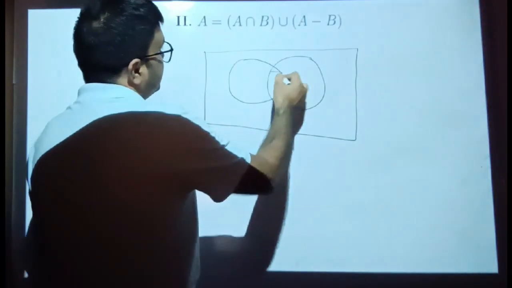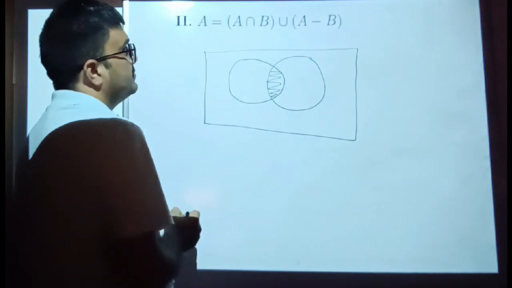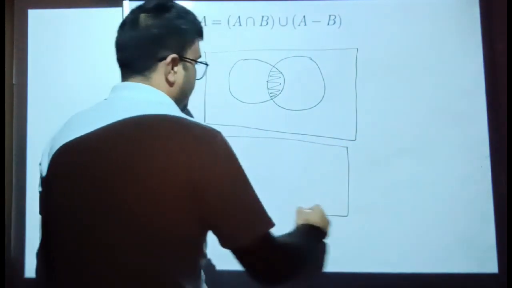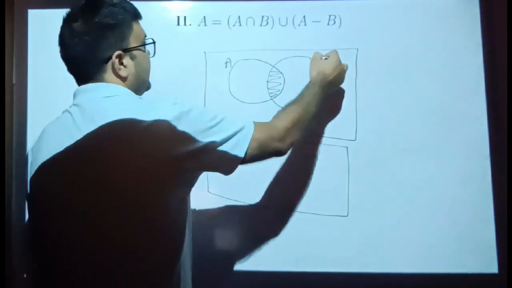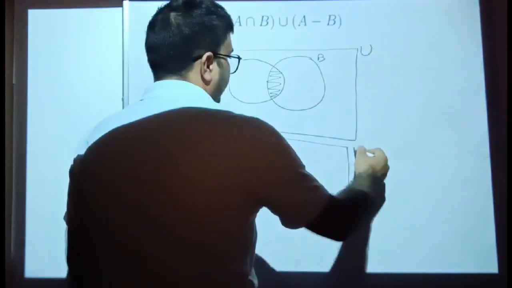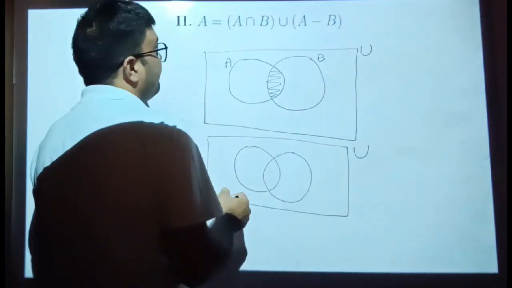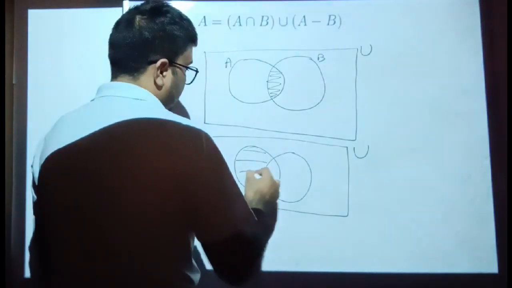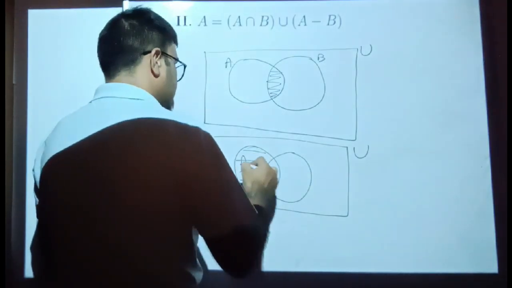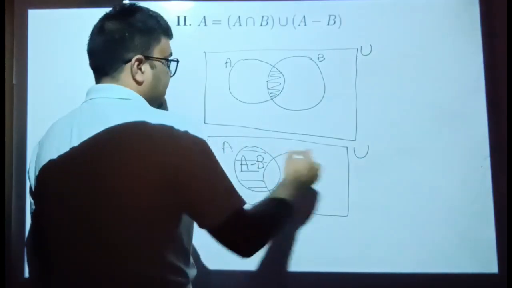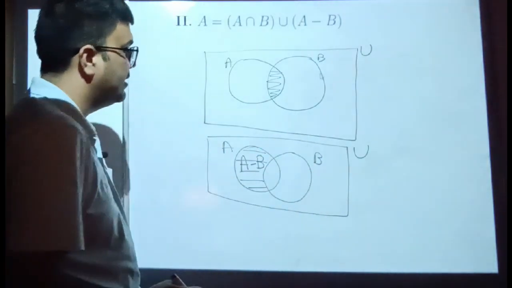The region A intersection B: this is set A, this is set B, this is set U. What is A minus B? We are talking about this region. This is A minus B, this is set A and this is set B.